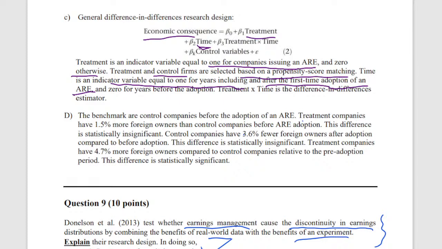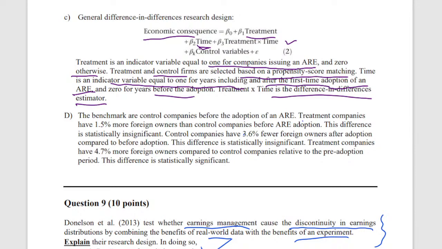That means if the report was published in 2008, then 2008 and the periods after will have the indicator 1 in this time variable, and before the adoption it will be 0. And treatment into time is an interactive dummy, and this is the difference in difference estimator.